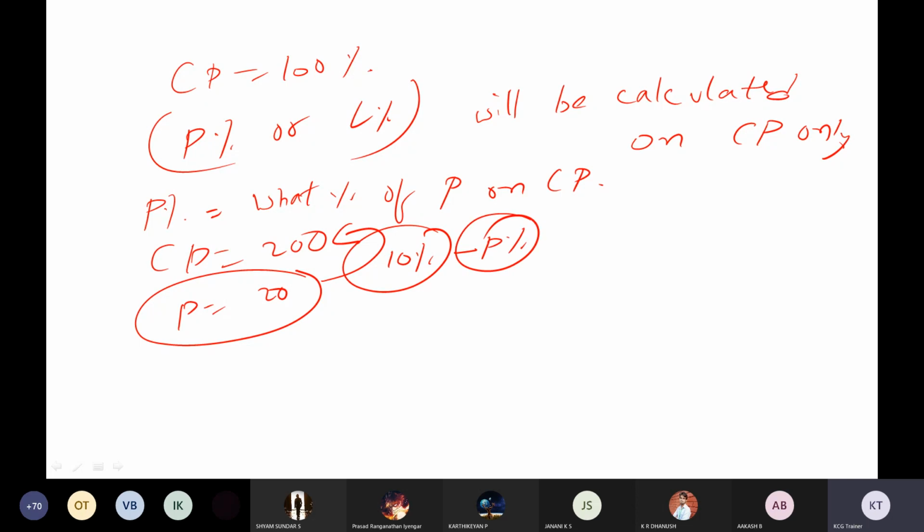Profit percentage means whatever profit he made, that profit on the cost price is what percentage. Similarly, for loss it's the same thing. Even for loss, we find the loss percentage on cost price only.